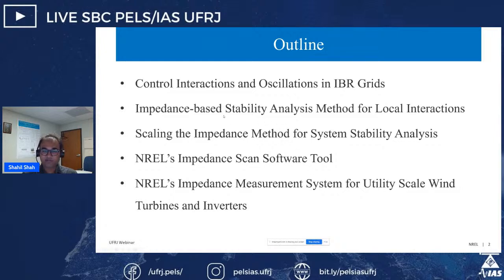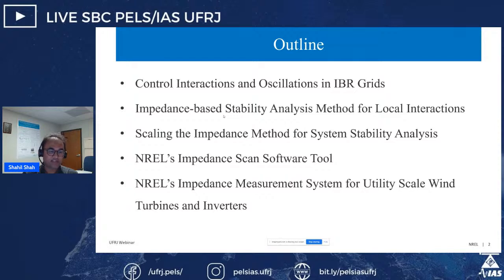I'll talk about impedance-based stability analysis method for understanding these control interactions, which are local in nature, and then how we can scale the impedance method to do system stability analysis, or understand stability of power systems with large amount of renewables.